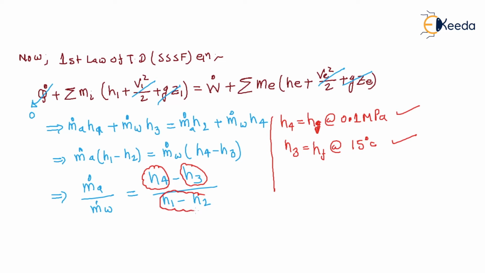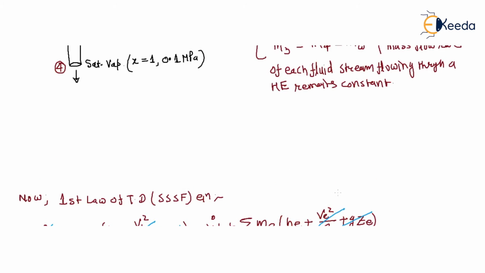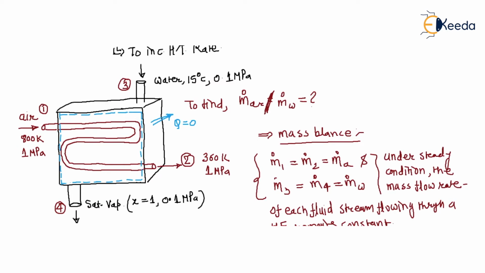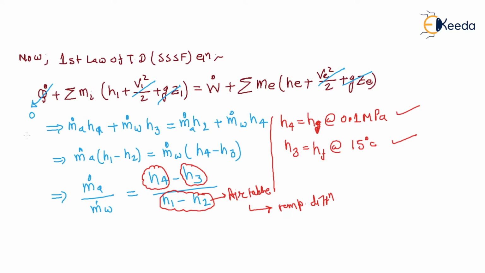H1 minus H2 comes from the air table. Why the air table? Because the temperature difference of air, 800 to 360, is large.